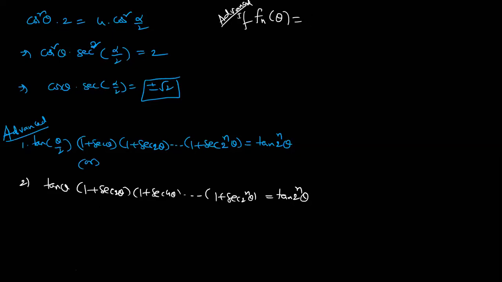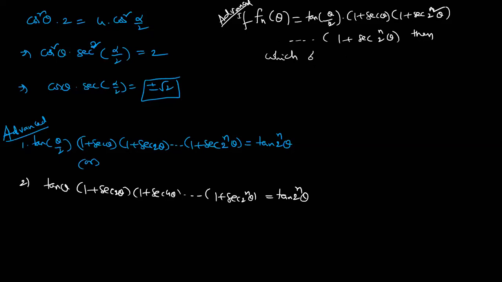If tan(theta/2) into (1 + sec theta) into (1 + sec 2theta) and so on up to (1 + sec 2^n theta), then which of the following options are correct?